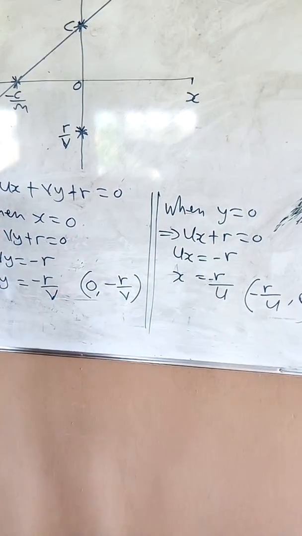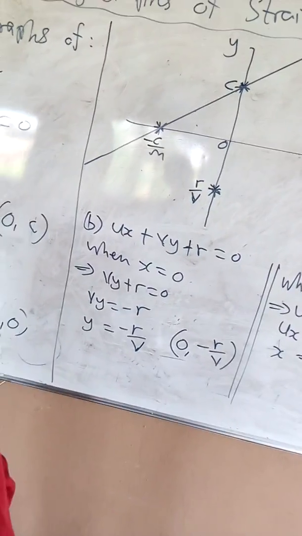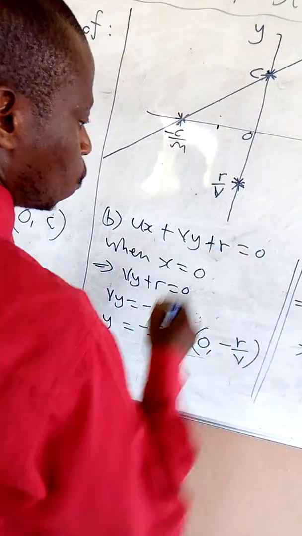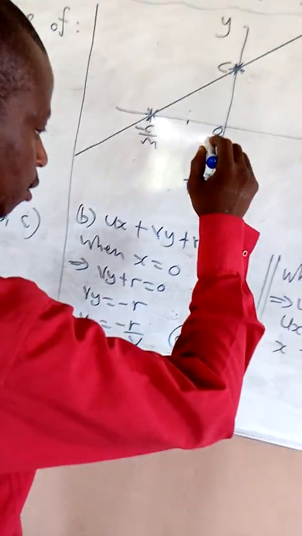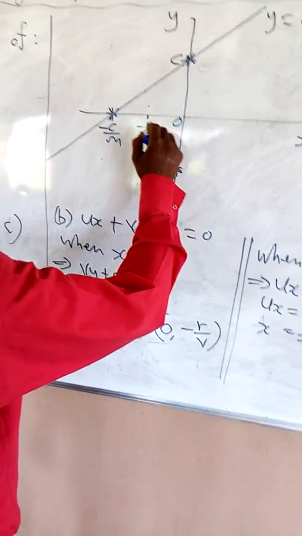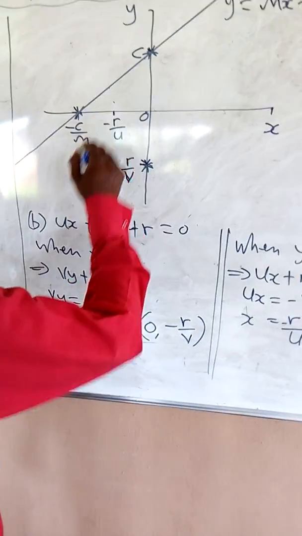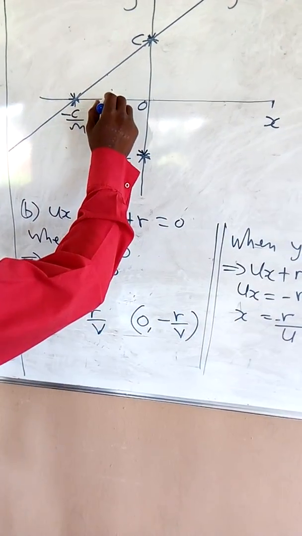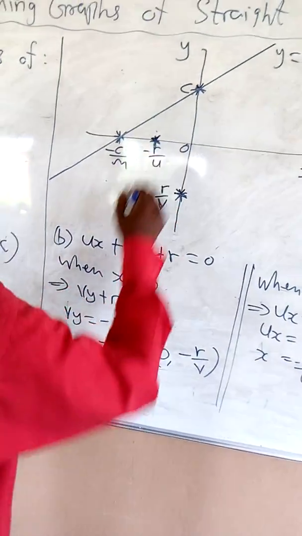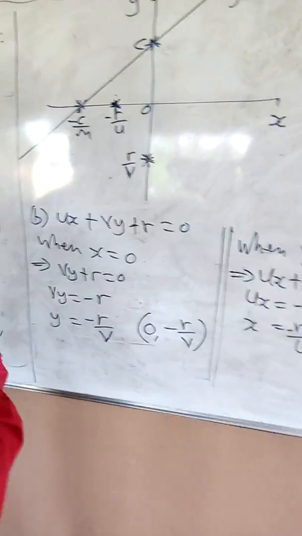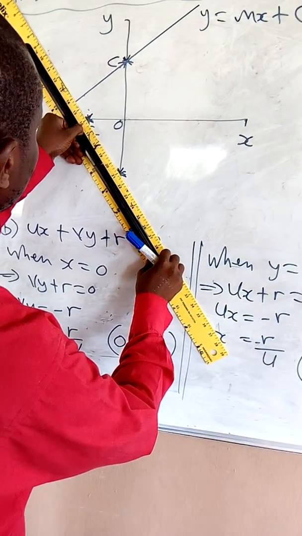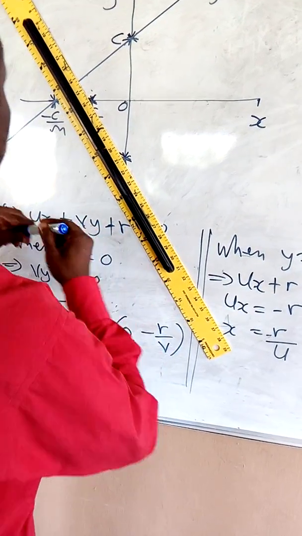So we come to the other side where we have minus r over u for the x-axis, and we assume that one is here. When x is minus r over u and y is 0, that is the asterisk we have here. So from here we join the two asterisks and we have a straight line being drawn this way.